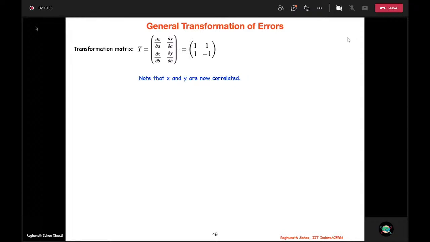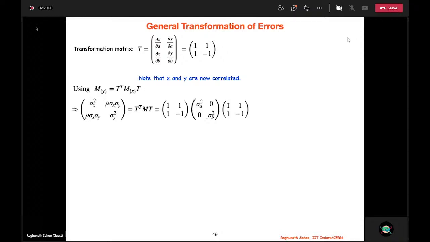Given the formula, you calculate and you will find T is 1, 1, 1, minus 1, and you put in this formula which I derived for you, My is equal to T transpose Mx T.